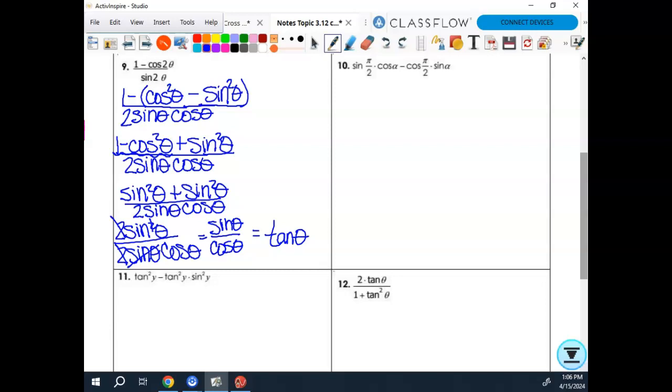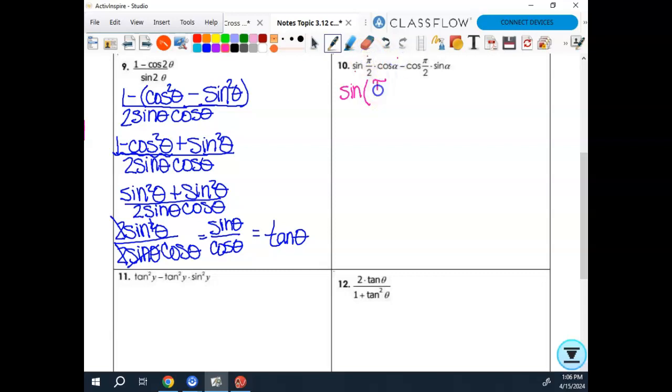Let's look at 10. All right, so the way it's written out, it kind of looks like a sum or difference identity. Would you agree with that? Okay? Since it starts with sine, is it a sine or a cosine one? Sine. Okay, if it starts with sine, it's sine. So I have the sine of, okay, and then these are my 2 angles.